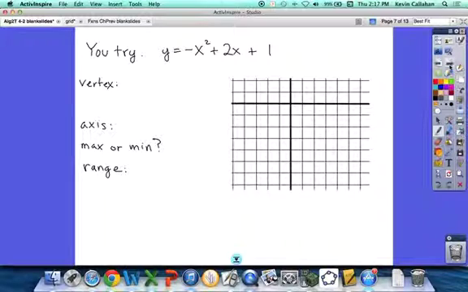Remember, I've seen the same mistake on all but the last couple. So what did you say was the vertex, the H? Okay, that was the easy part, right? Negative H equals -2 over 2 times -1, which is 1, okay? Then you plug in 1 into this. That minus is in front of the x.